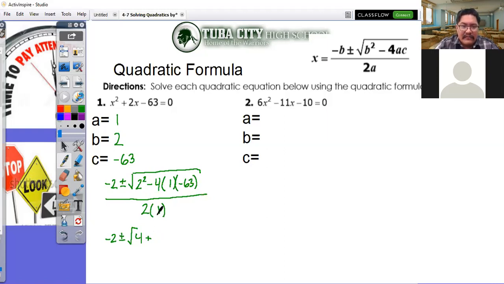Now I am going to multiply the remaining pieces: 4 times 63. I'll use my calculator to keep things going quicker, and that's going to be 252. All over 2 times 1, which is just 2.